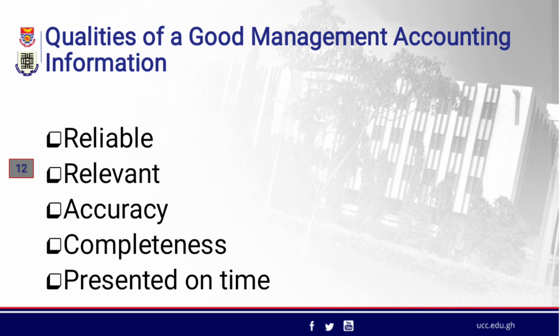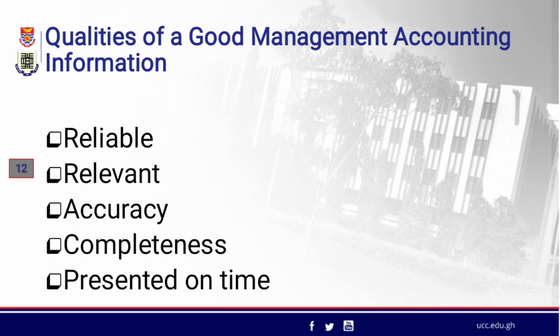Reliability simply means we should have confidence in the information being provided. Management should get confidence in the information being provided. The information itself should be what? Objective and neutral.